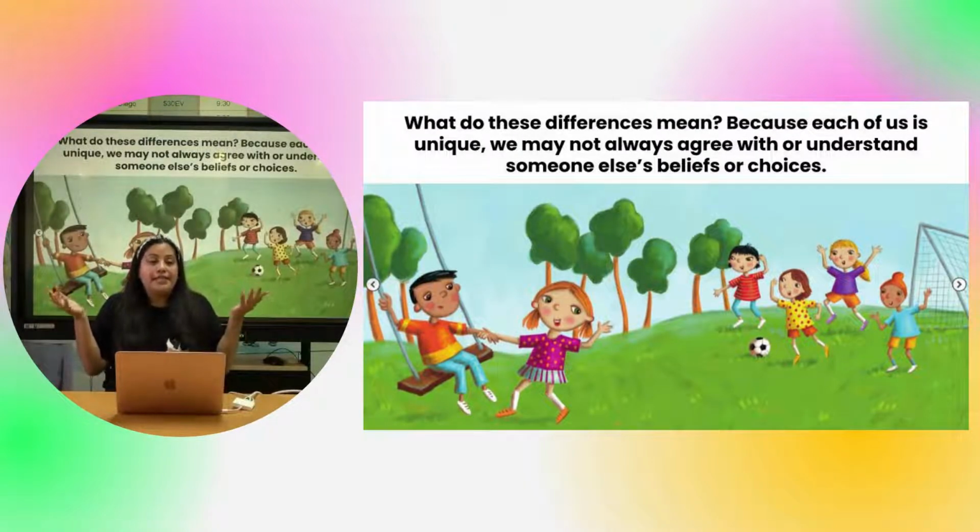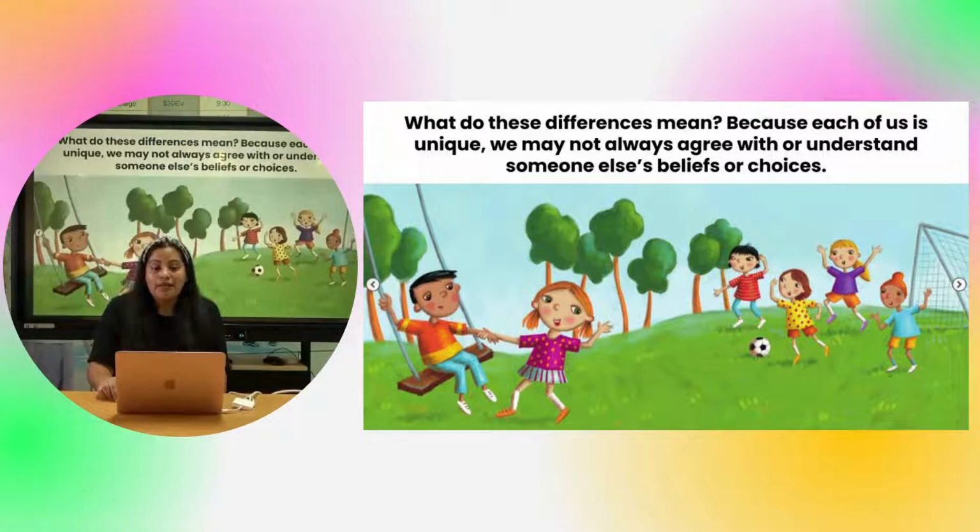What do these differences mean? Because each of us is unique. We may not always agree with or understand someone else's beliefs or choices. So here we see a picture of lots of friends, and they're playing soccer, and they're having fun.